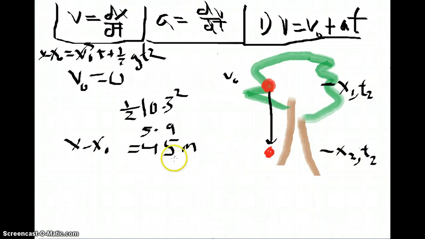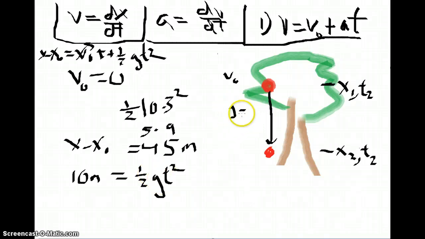Or we could go in reverse and say, imagine our apple tree is 10 meters tall. Then 10 meters is equal to, again, v naught t is going to be 0, there was no initial velocity, so it is equal to half g t squared. g is the same as a, but now we know the acceleration due to gravity is 10 meters per second squared.